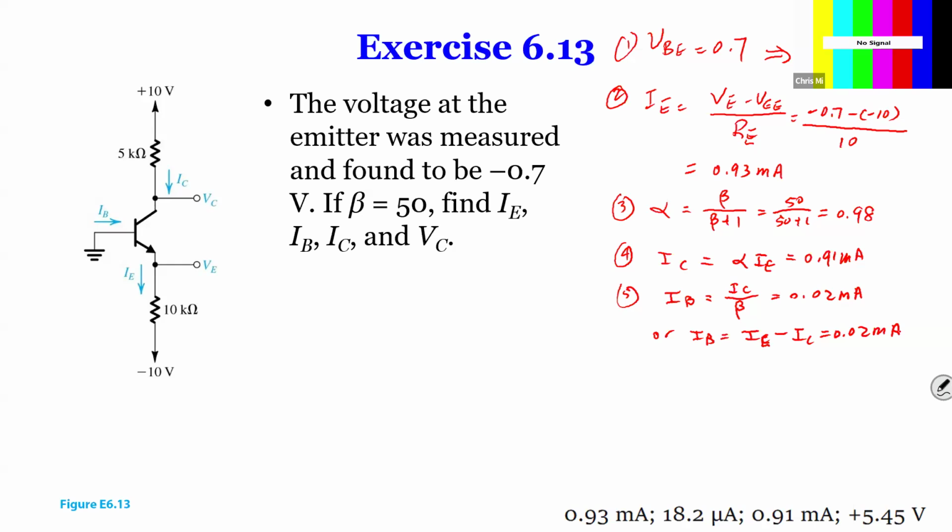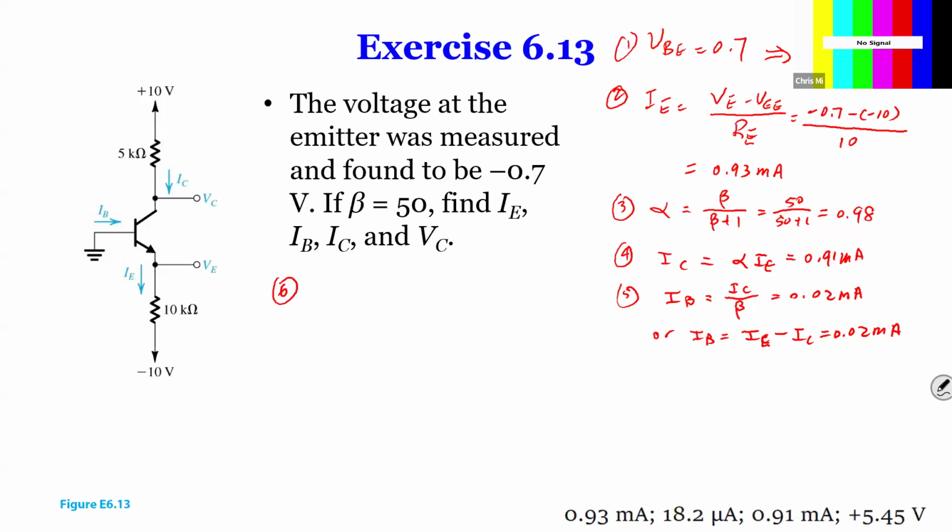We'll do a couple of steps further. We have found IB, IC, and IE, using the 0.7 and also beta, so we used all those parameters. The only thing we have not found is VC.